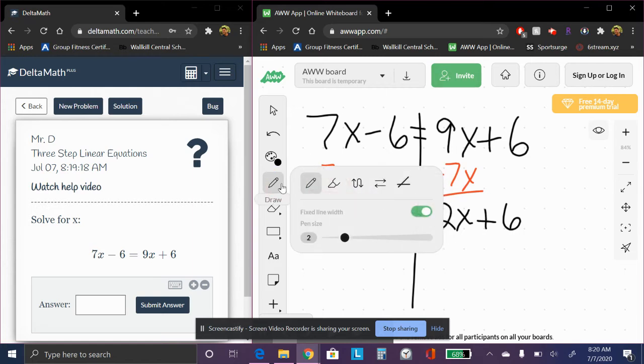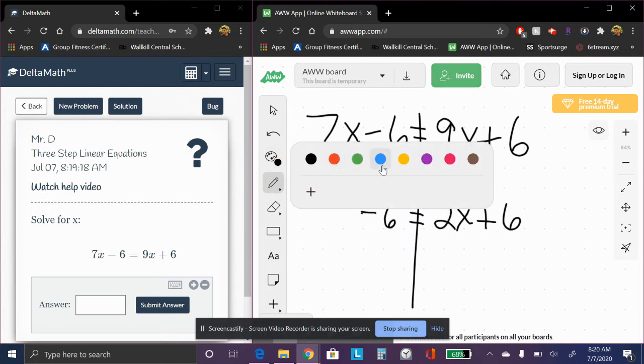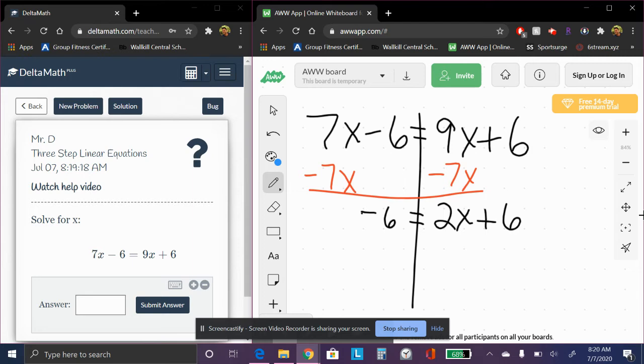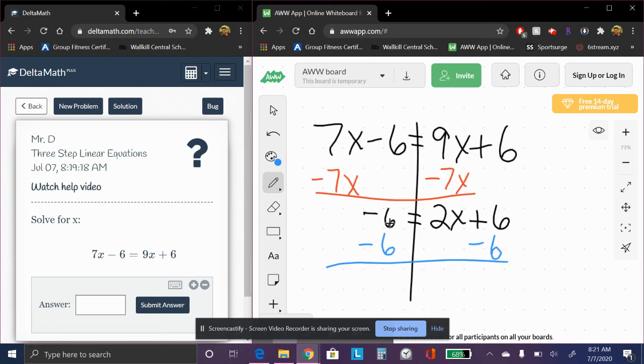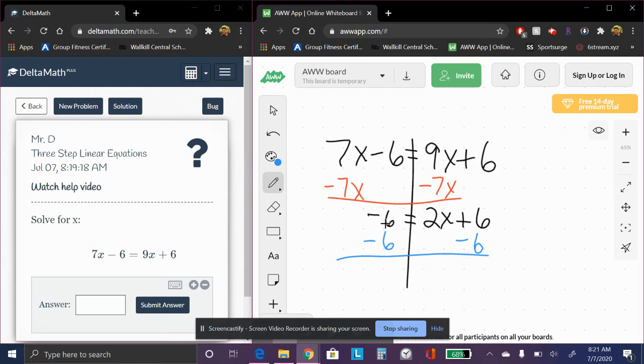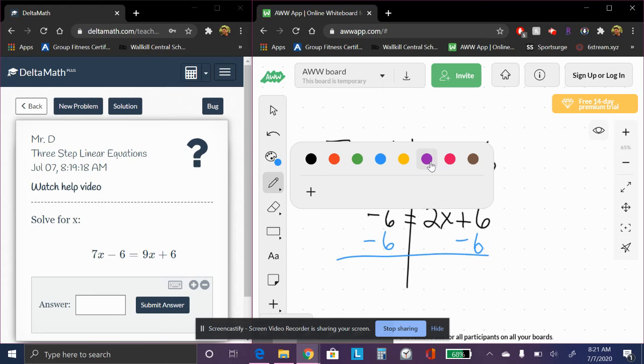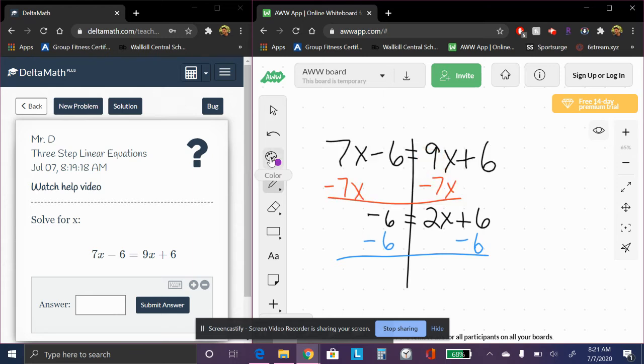Then it becomes a two-step equation. Negative 6 minus 6 is not 0. If you think on the number line, you go left 6, then left 6 again, and that's going to be negative 12.